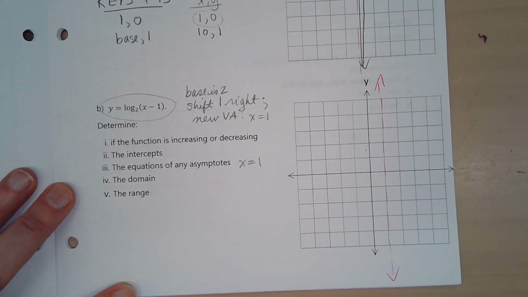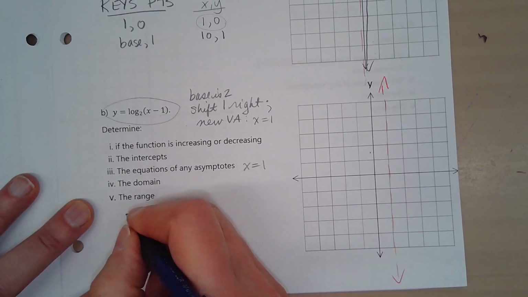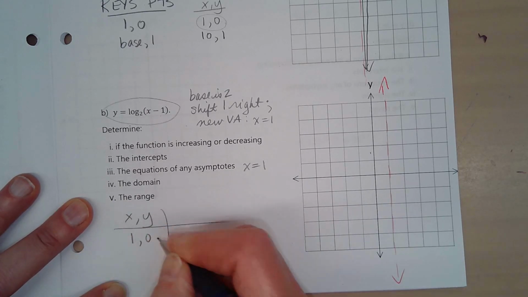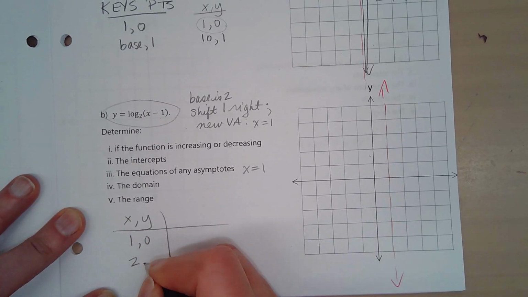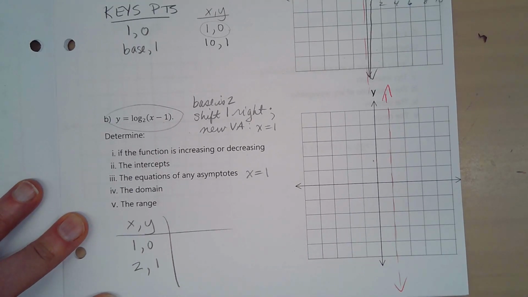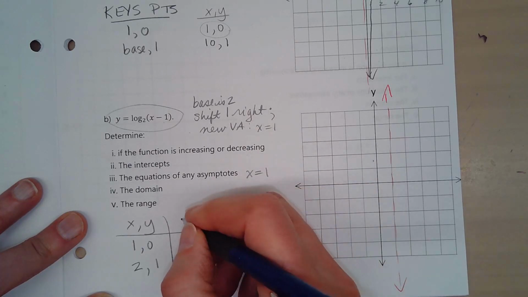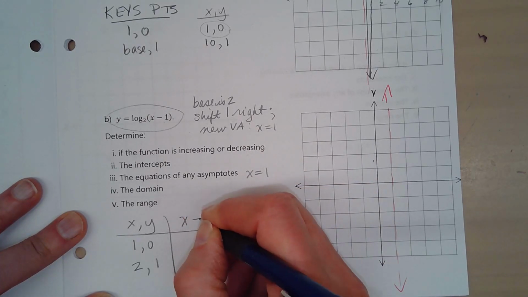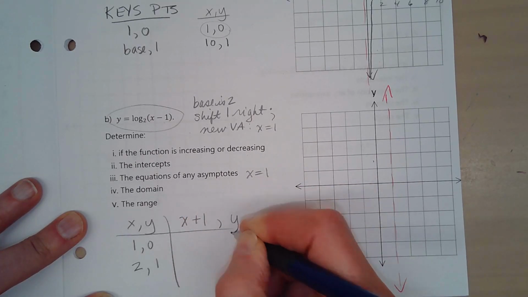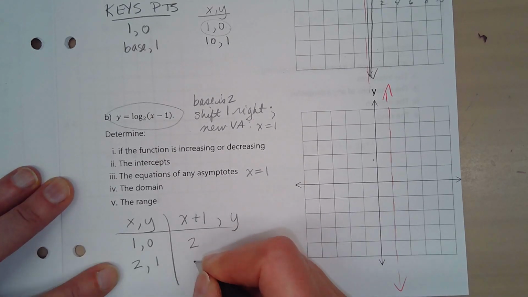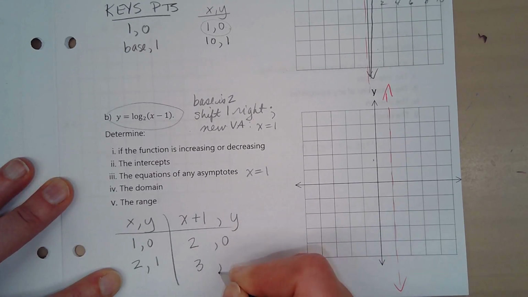All right, so let's write down our key points. So our key points would be, for a base 2 graph, 1, 0, the base, 1. The only shifting was 1 to the right, so that affects my x value, right? I'm going to add 1 to x, y stays the same. So this will be a 2 and a 3, a 0 and a 1 stays.